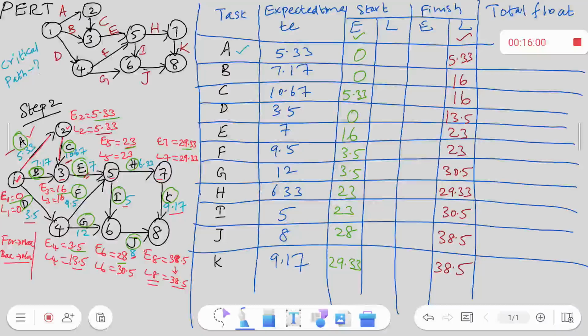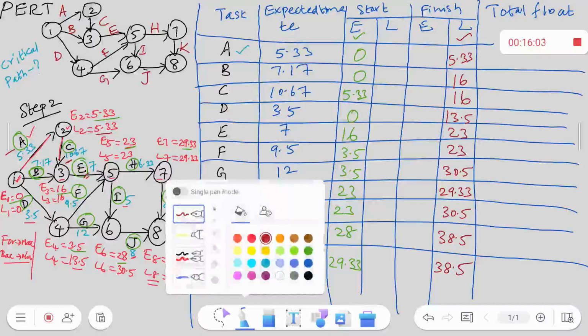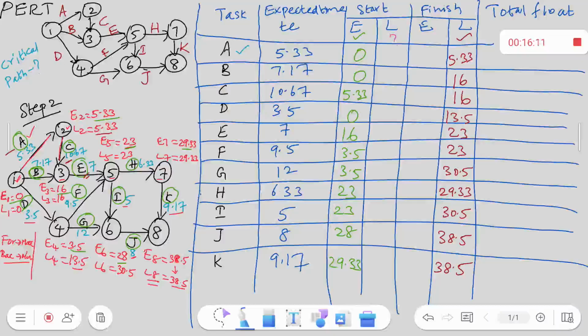Now I have to find out the value for the latest start time. The latest start time is given by this tabular column's value, which is latest finish time, minus this expected time. I have to subtract these two values.